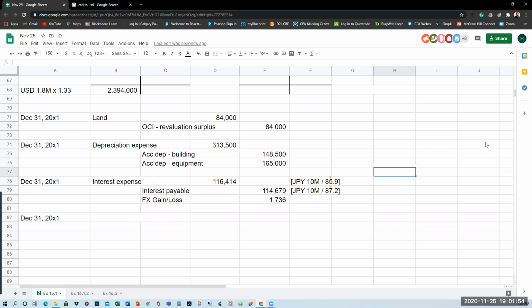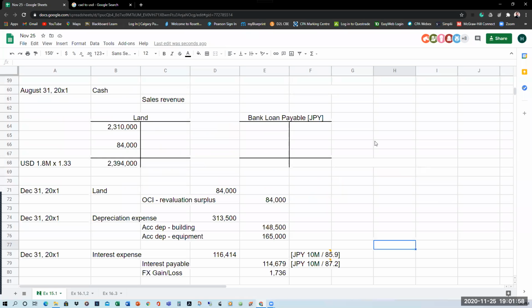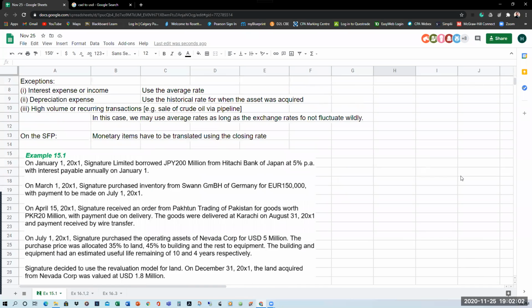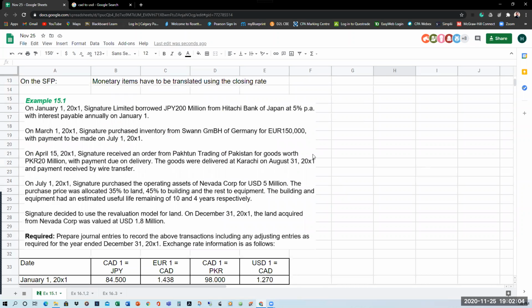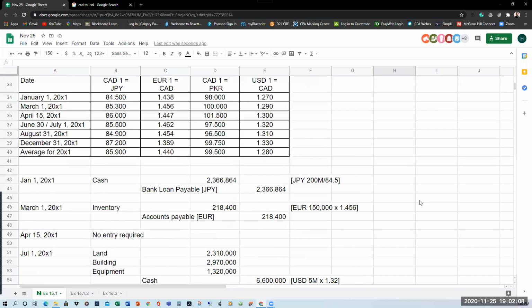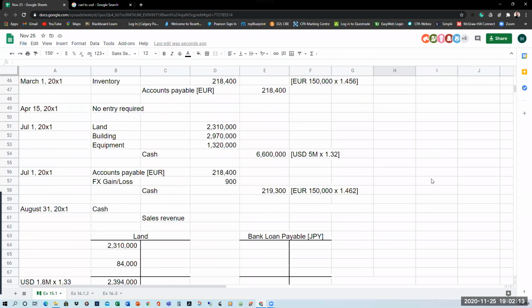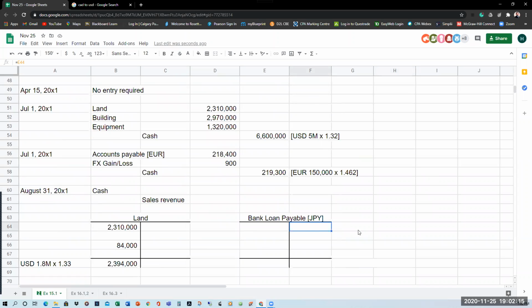All right. So if that's that, then we have to remember that the bank loan payable, the 200 million bank loan payable, well, guess what? That's a monetary liability as well. So when we borrowed the amount, the exchange rate had been 84.5. So our liability is currently sitting at 2,366,864. The liability is not changed.